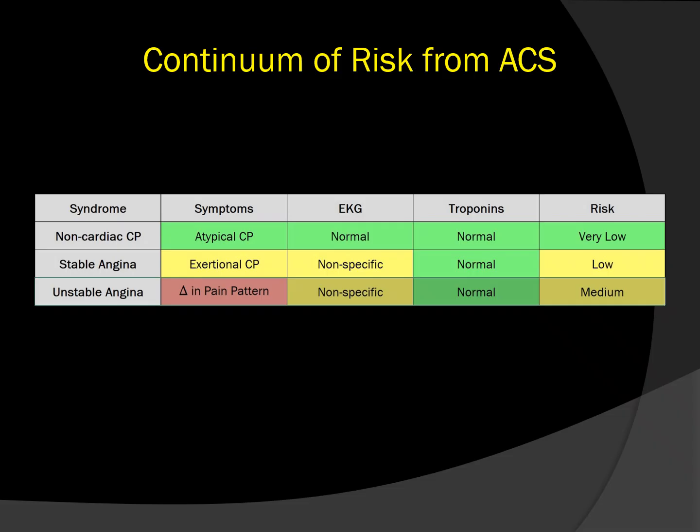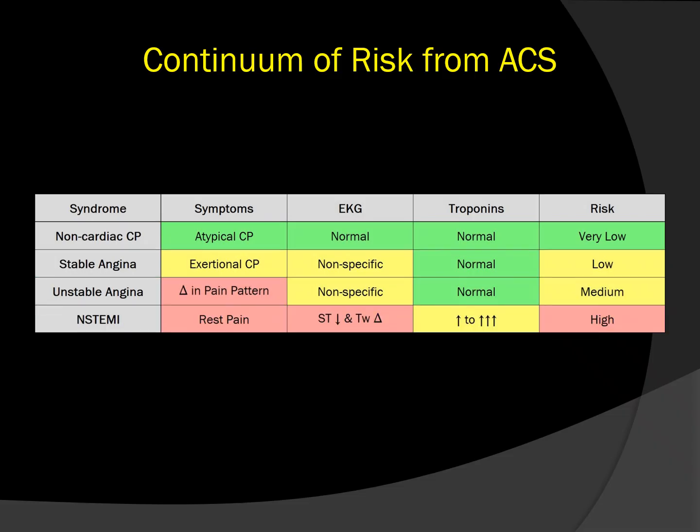Troponins are still normal by definition, only because if the troponins were elevated, we'd be moving into the next category. And the risk is significantly higher when there has been a change of your angina pattern and you are classified as unstable angina. These patients generally require immediate medical attention, most of the time hospitalized, and frequently therapy is immediately instituted.